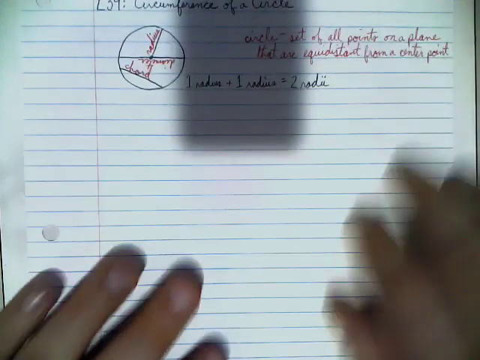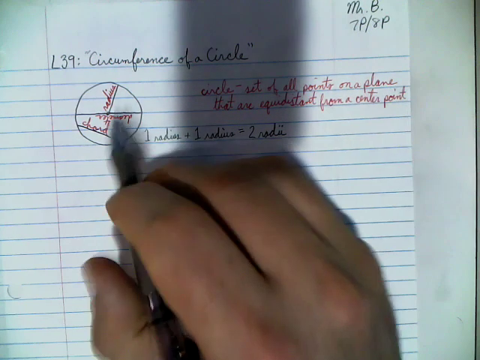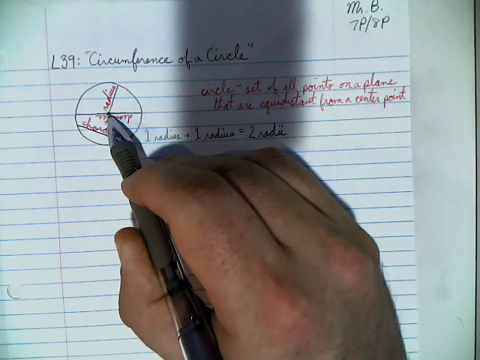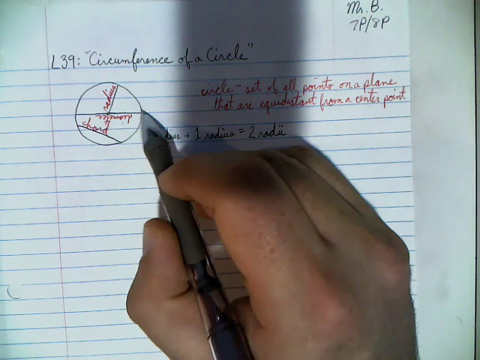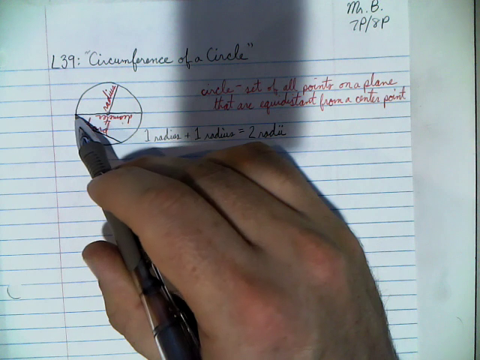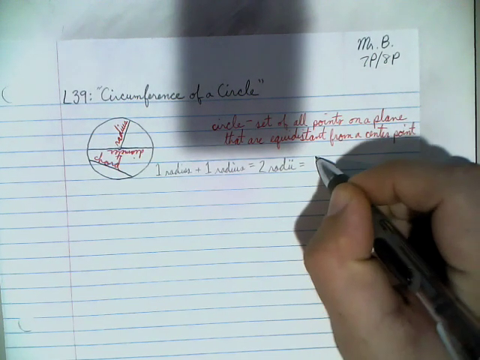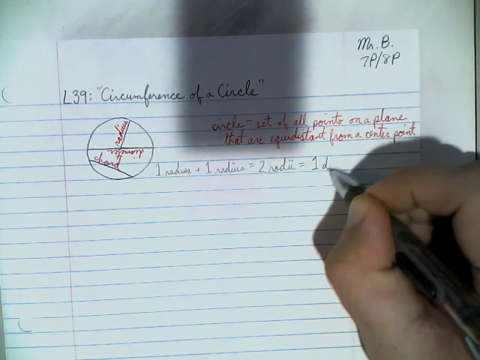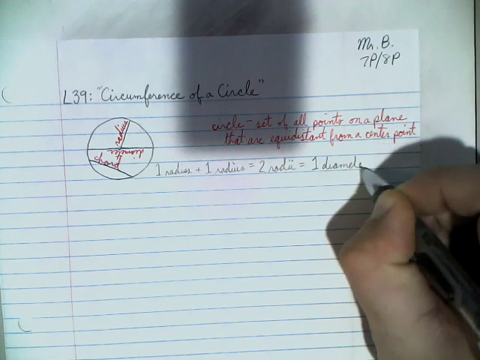And the diameter, if we look at it, if we go from the center to there, that's actually a radius. If we go from the center in the other direction, there's another radius. So it turns out that 2 radii is also 1 diameter.